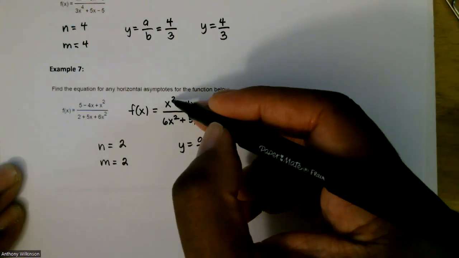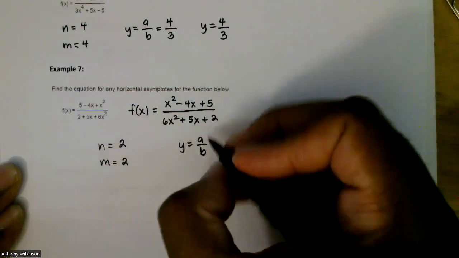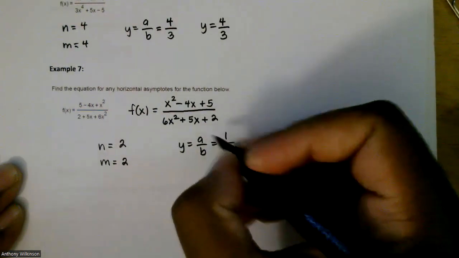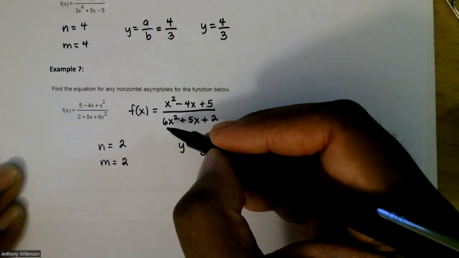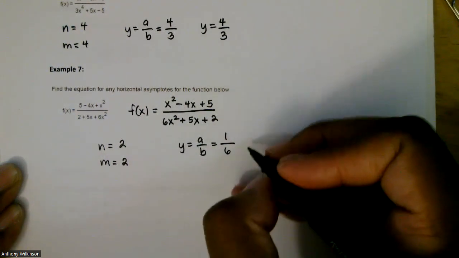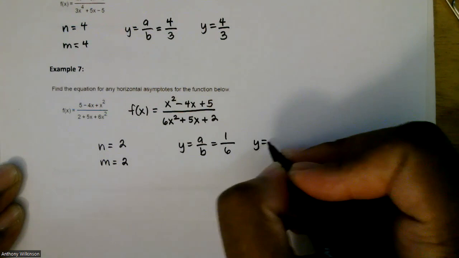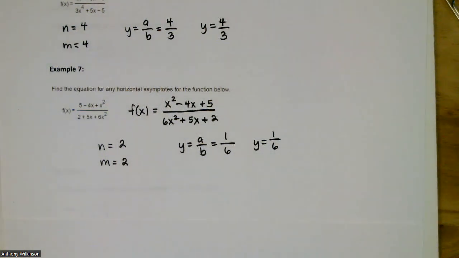The leading coefficient of the variable to the highest power in the numerator is that understood 1, over the denominator. We look at the coefficient of the variable to the highest power in the denominator. That's 6. So here we have 1 over 6. So the equation y is equal to 1/6 would be your horizontal asymptote.